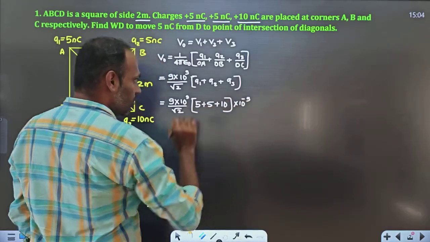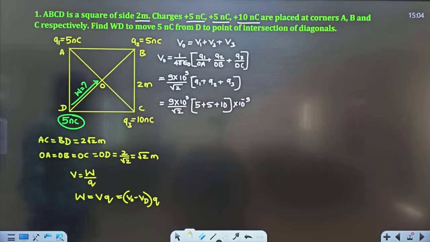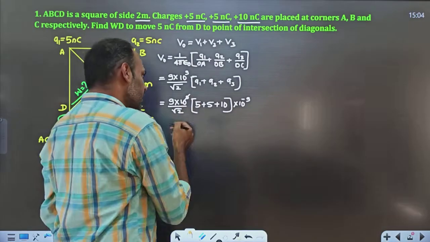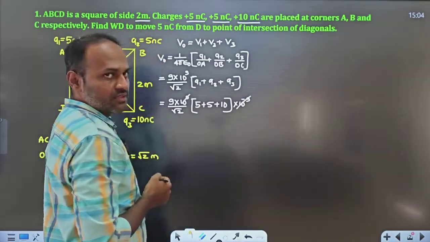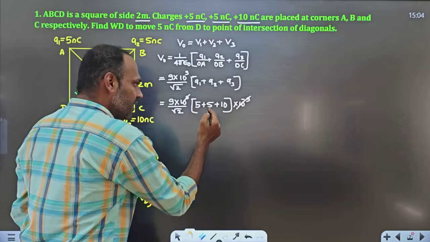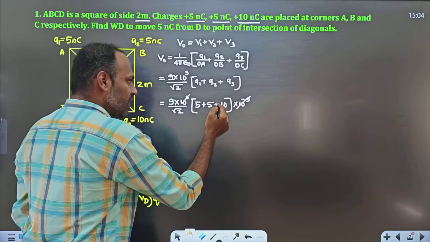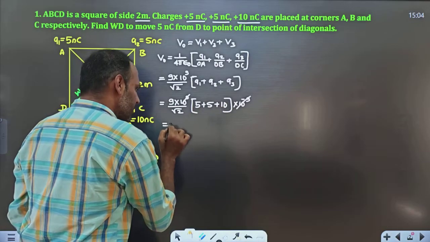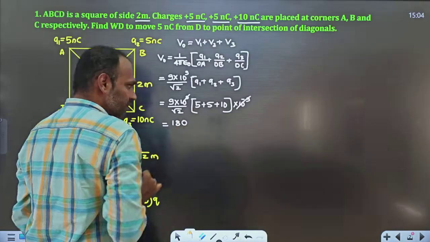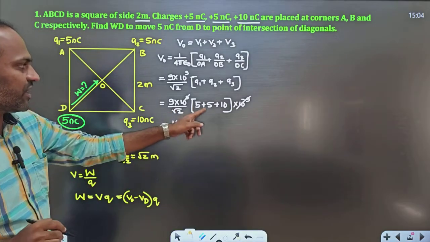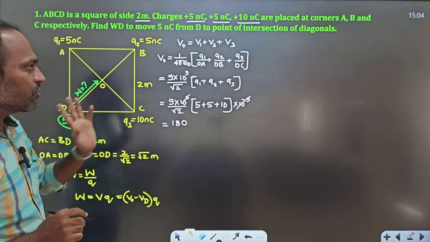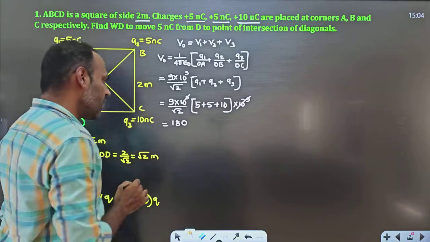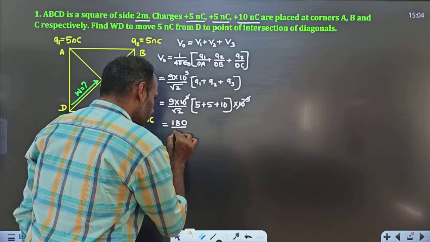We take nano, 10 raised to minus 9, common outside. So 10 raised to plus 9 and 10 raised to minus 9 will get cancelled. 5 plus 5 is 10, 10 plus 10 is 20. 20 into 9 is 180. So 180 divided by root 2.